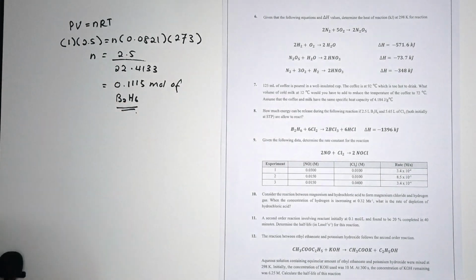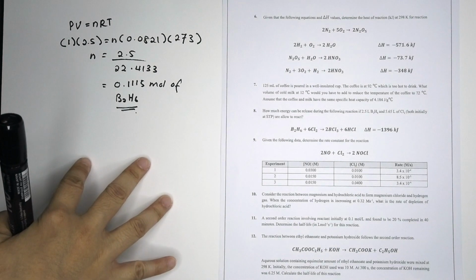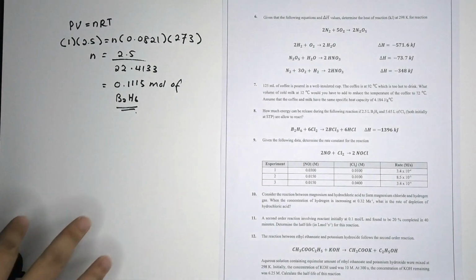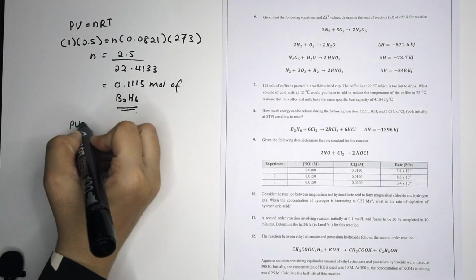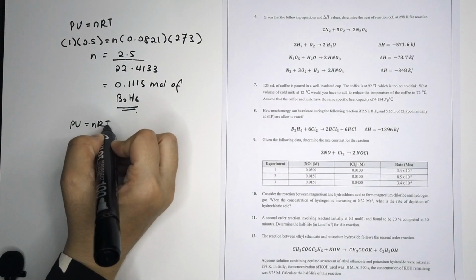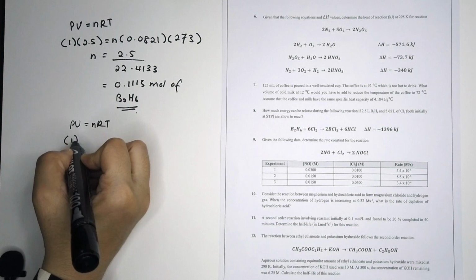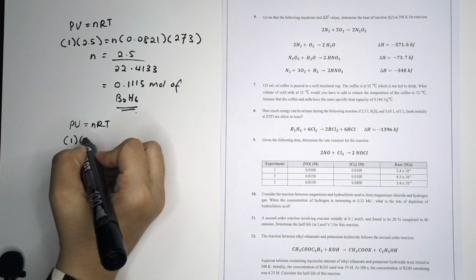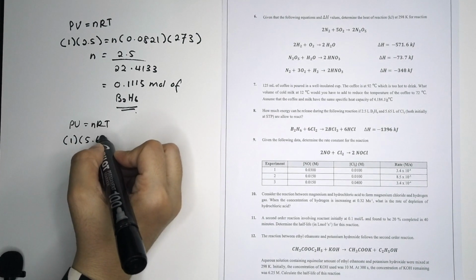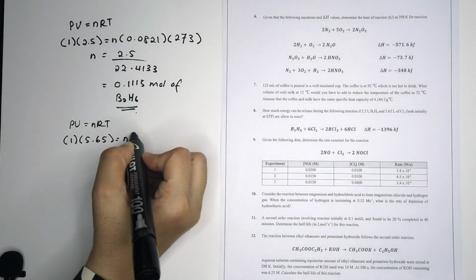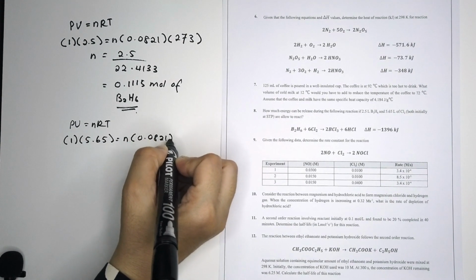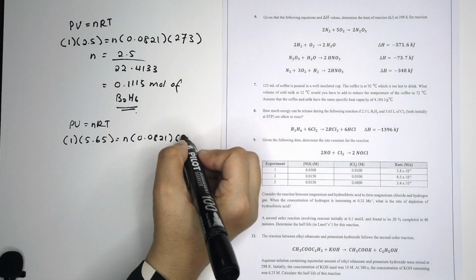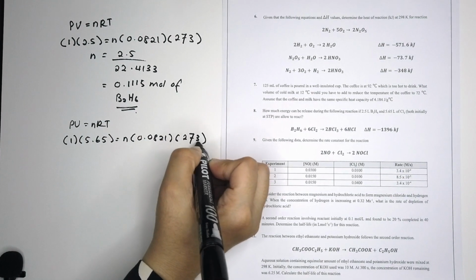Right. So we are going to do the same thing for the second reactant, which is Cl2. Same drill. PV equivalent to nRT, where the P is 1 atm. The volume given in the question is 5.65. n is the thing you want to calculate. R is 0.0821 and T, because at STP, is 273.